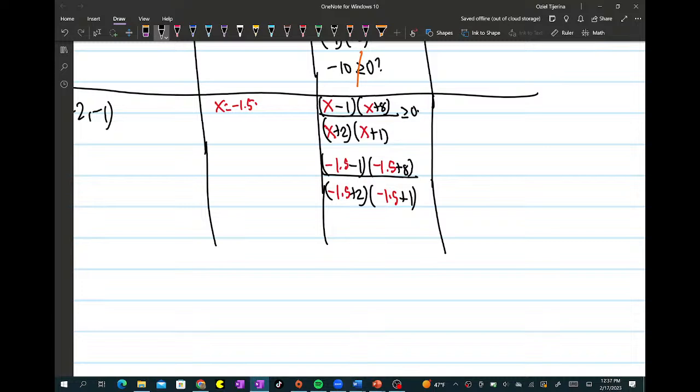So we have negative 1.5 minus 1 times negative 1.5 plus 8, over negative 1.5 plus 2 times negative 1.5 plus 1.